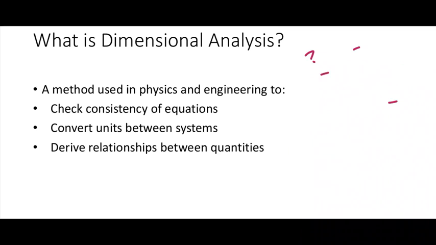We call them fundamental quantities because they cannot further be divided into other quantities. That's where all other quantities are derived from, and those are what we are calling dimensions.